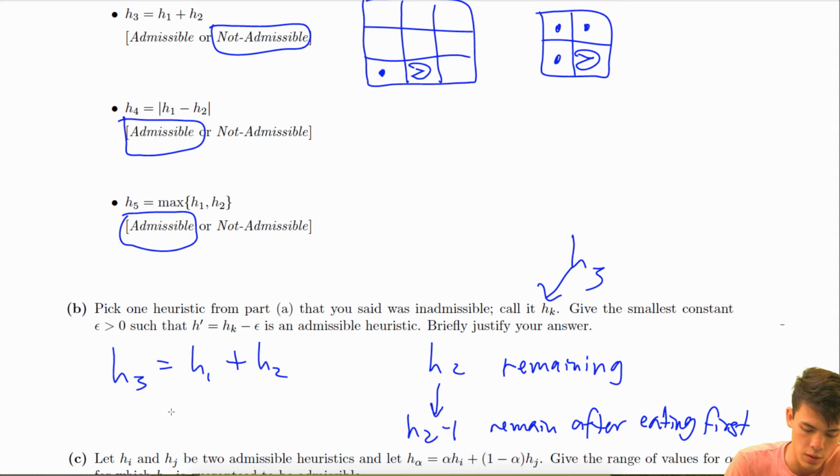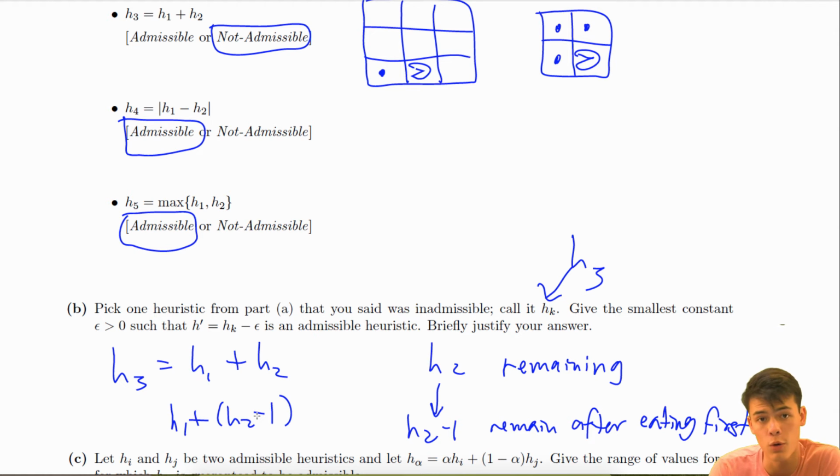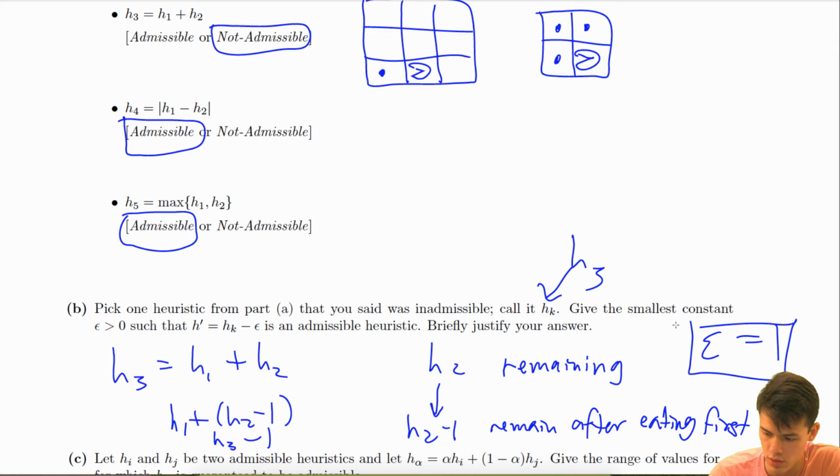So how about H1 plus H2 minus 1? This is always going to be a lower bound on how many moves you need to make. Rearranging, this is H3 minus 1, because H1 plus H2 is H3, and we're just subtracting 1 from that. So the answer is that epsilon equals 1 will work. All right, now let's move on to part C.